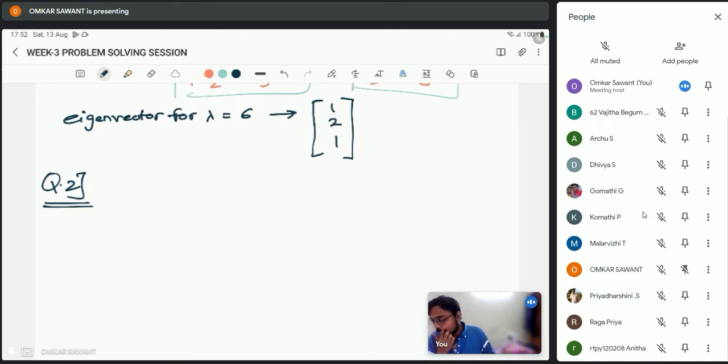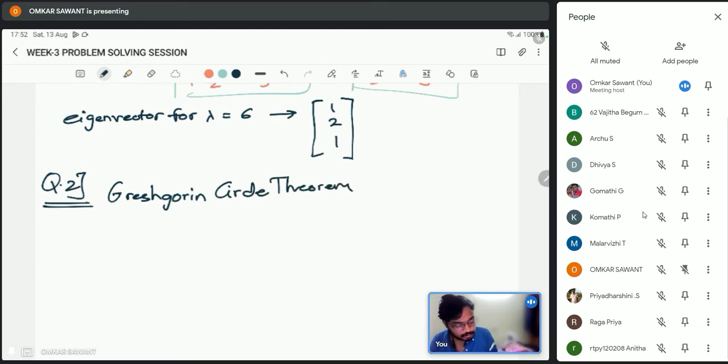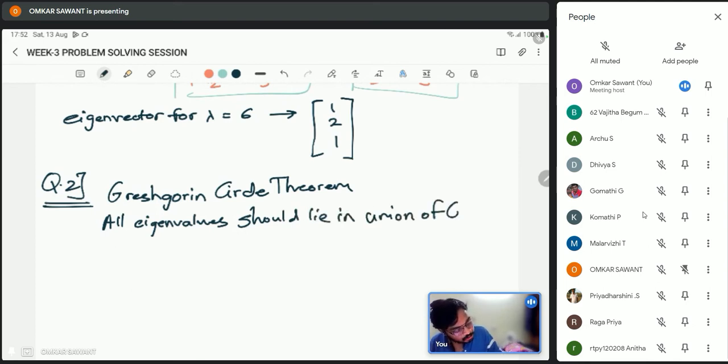Okay. Let's find. Do you know the Gershgorin circle? Gershgorin circle theorem, everyone. What it tells is that all the eigenvalues should lie in the union of Gershgorin disks. Gershgorin is a Russian mathematician, and he invented this theorem, and it has various applications.